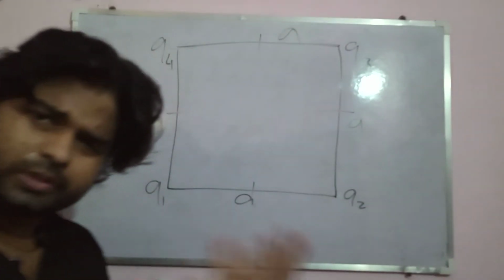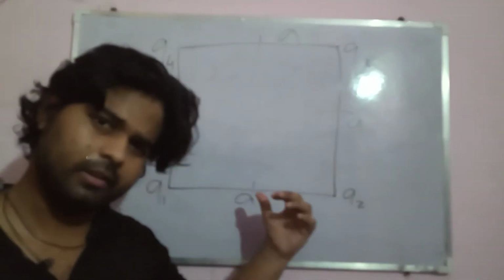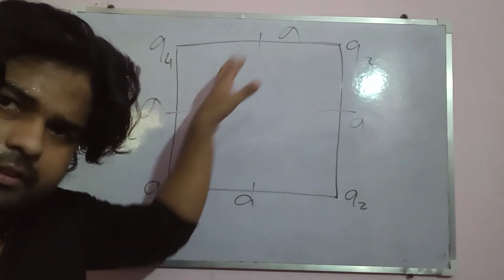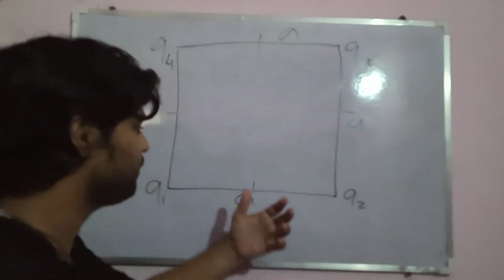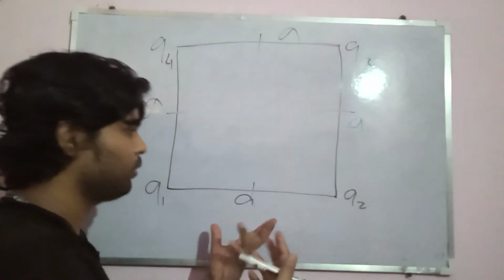So we have to follow the same procedure that we did for the equilateral triangle, the same analysis, to find the force on Q2.